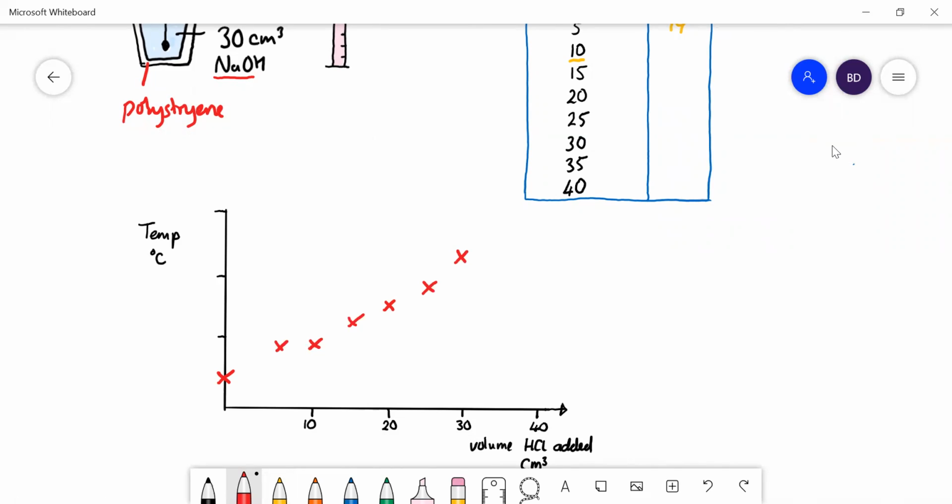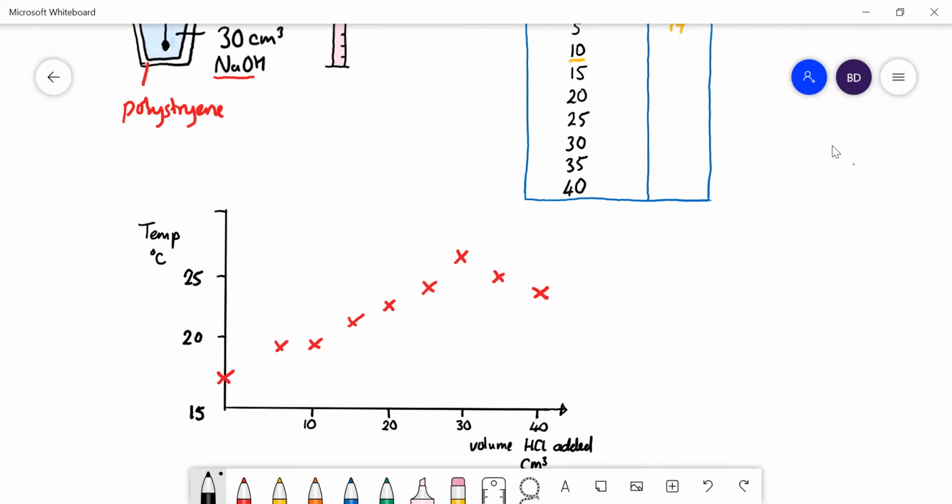And then this happens. Right, now first of all, you're not getting a huge temperature rise here. So if that's 15 degrees C, that would be 20, 25. So you're only going to get small rises every time.